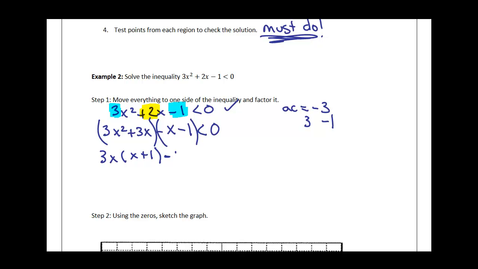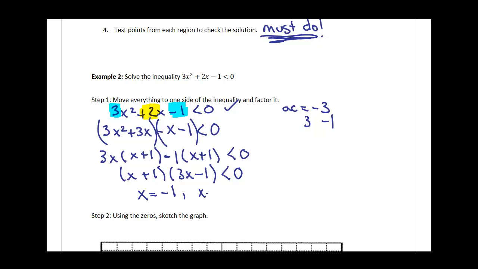And here we can take out a negative 1, leaving us with x plus 1 as well, all less than 0. Well, from here we can find our factors are x plus 1 and 3x minus 1 less than 0. And hence our roots of the equation here are x equaling negative 1 and x equaling 1/3.